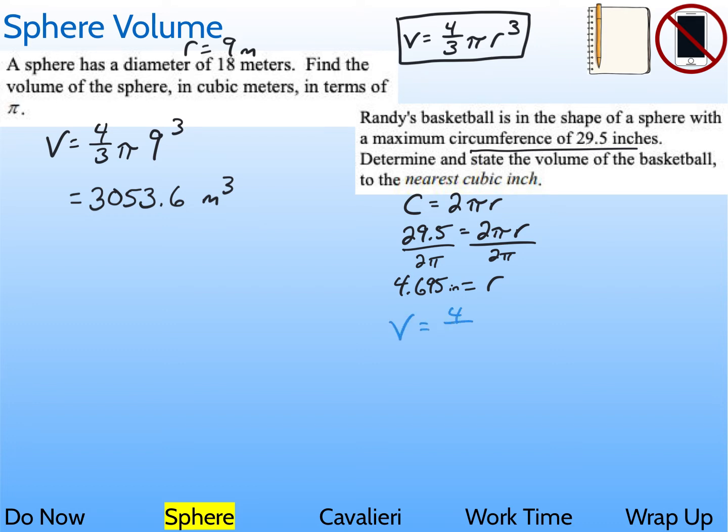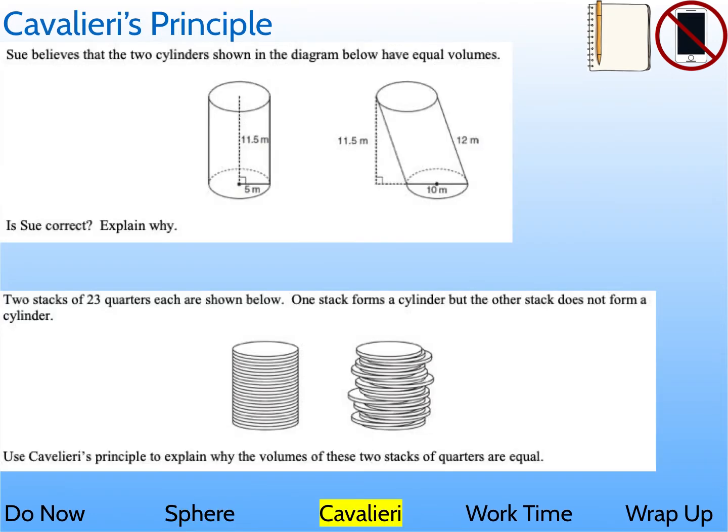We do 4/3 times pi times the radius, which is 4.695 cubed. And then we use our calculator and we get about 434 cubic inches.